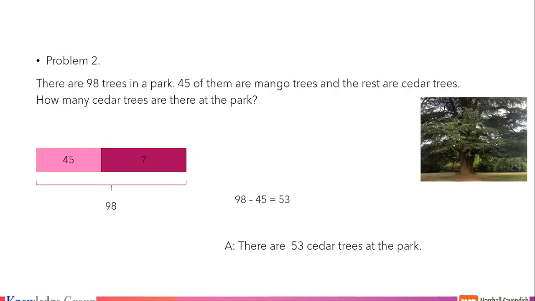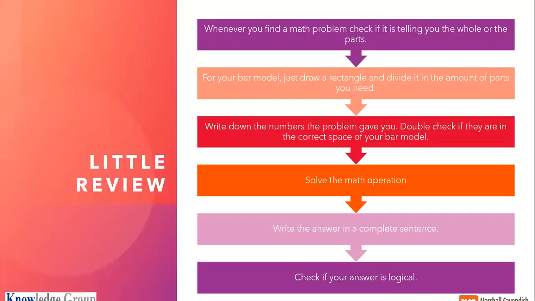Remember, once again, you're going to read your problem. You're going to determine if you have a whole or a part. You're going to determine what they're asking you to do, and you're going to draw your model, solve your operation, and write the answer in a complete sentence. Okay? So as I said, it's a little review. Whenever you find a math problem, check if it is telling you the whole or the part. Just draw a rectangle for your bar model and divide the rectangle.